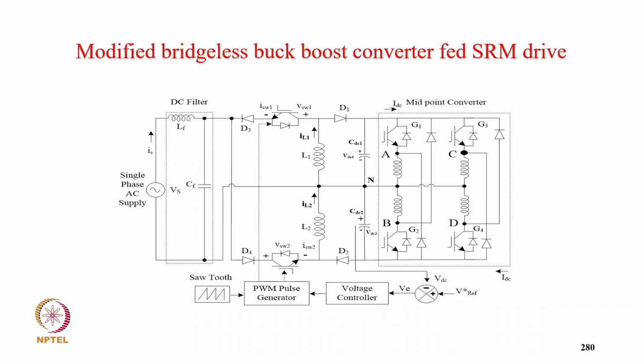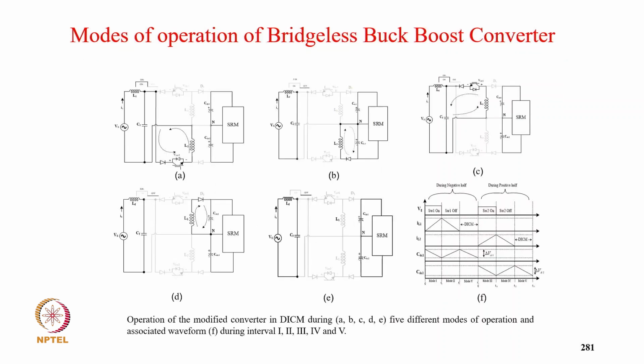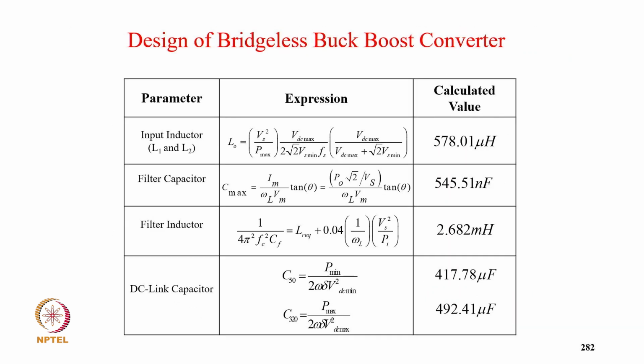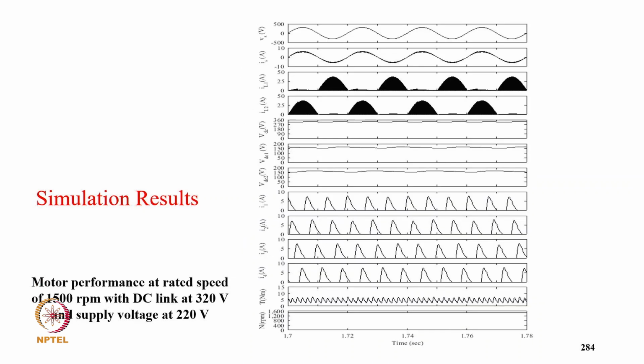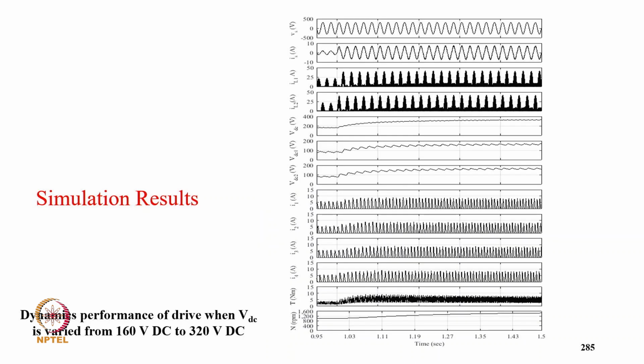There is another converter, a modified bridgeless buck-boost converter for SRM drive, and different modes of this: positive converter, negative converter, and then the design values of components, and typically the motor starting with reduced phase current, and the steady state waveforms. You can see supply voltage, supply current, and inductor current are discontinuous, and the DC-link voltage, both capacitor voltages, winding current, torque and speed.